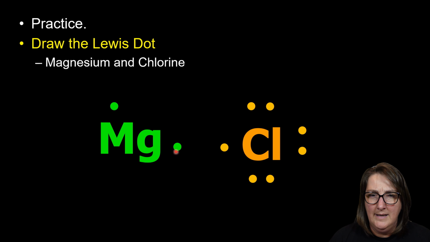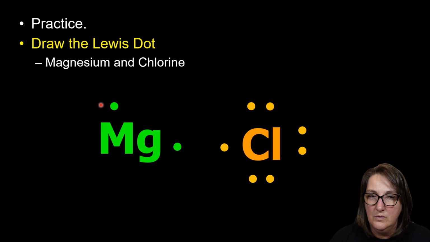All right, magnesium has 2 valence electrons. Chlorine has 7. So chlorine only needs 1, and I can only bring in one of these electrons. So if I bring in this one, magnesium's not happy. Chlorine's happy, it's got its 8, but this magnesium's not happy yet.